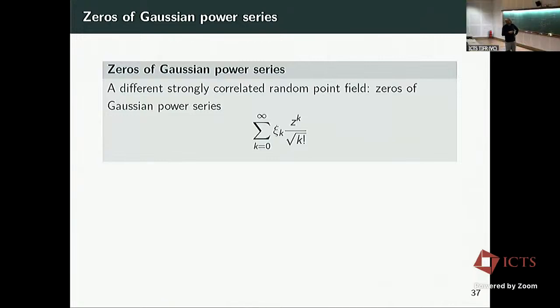So a very different kind of strongly correlated random point field or random particle system, very different from determinantal processes, are the zeros of Gaussian power series. So here you look at this power series. Z is the complex variable, and your xik's are IID Gaussians. You have a specific scaling with square root k factorial.